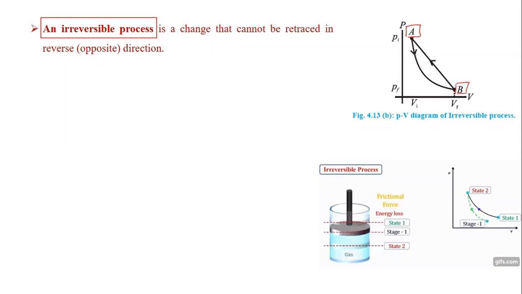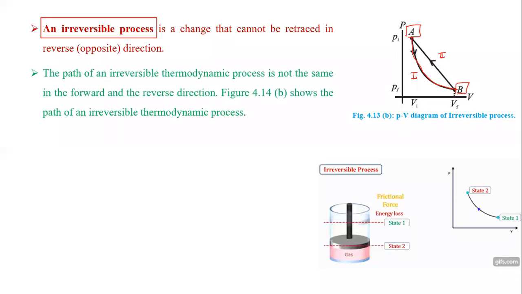Initial position changes to final by this path, path 1. And again final to initial by path 2. You can see both the paths are different. So it is irreversible. The path of an irreversible thermodynamic process is not the same in the forward and reverse direction, that you have to note here.